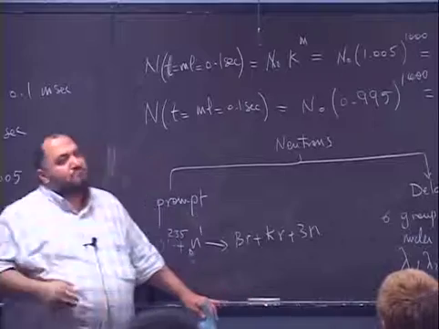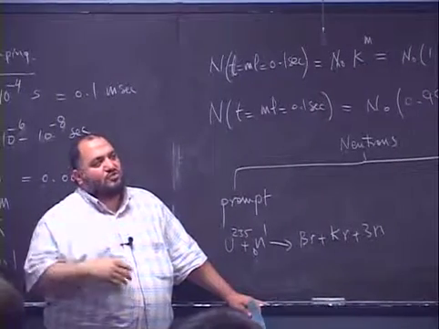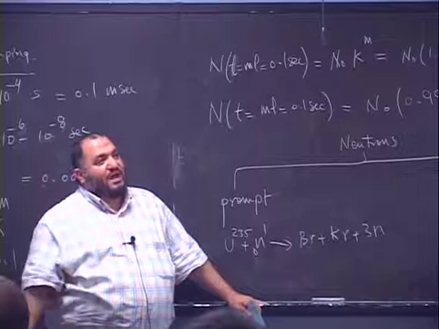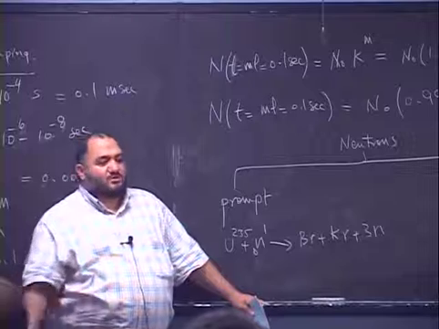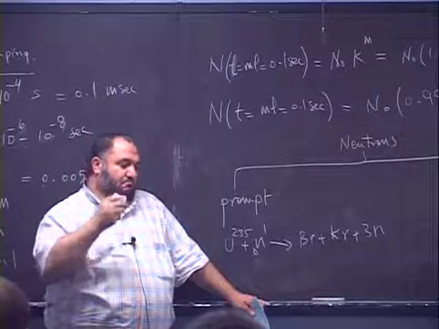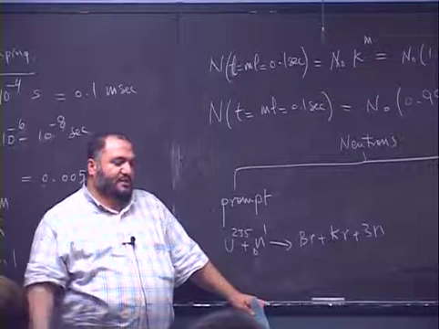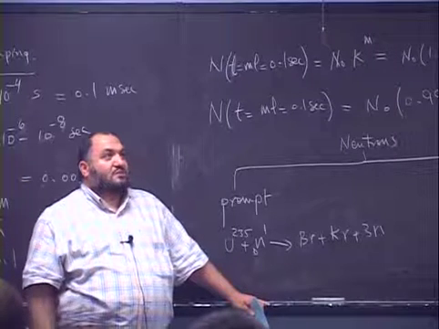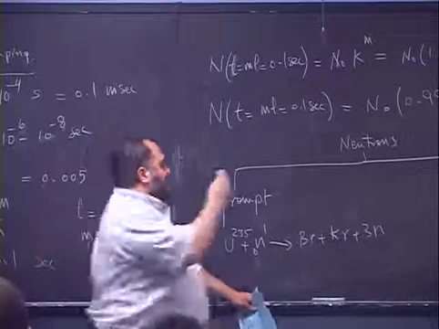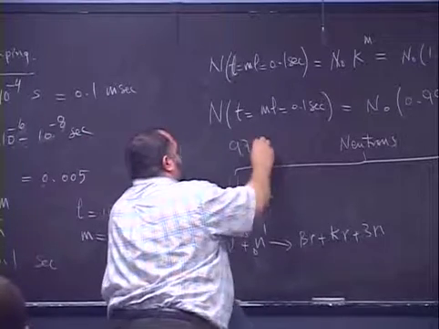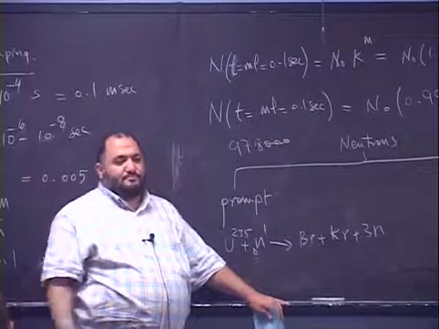Let's say I will count thousands of those fissions, a million neutrons. From those million neutrons, let's assume there are 978,000 prompt neutrons, the rest are delayed.